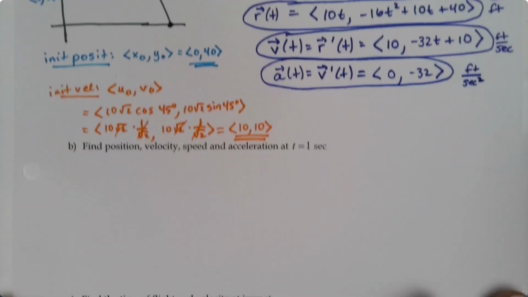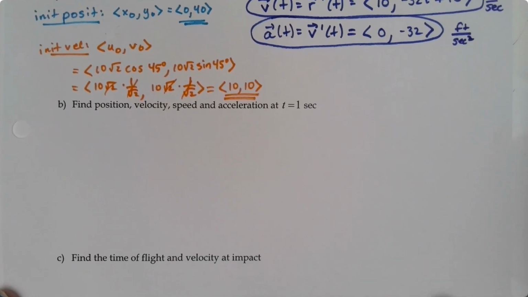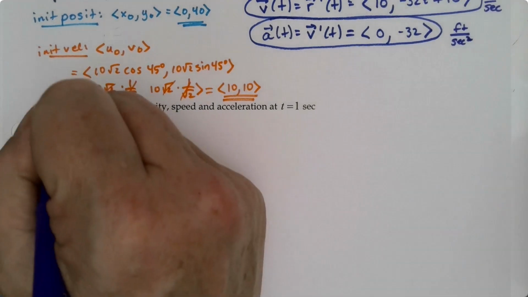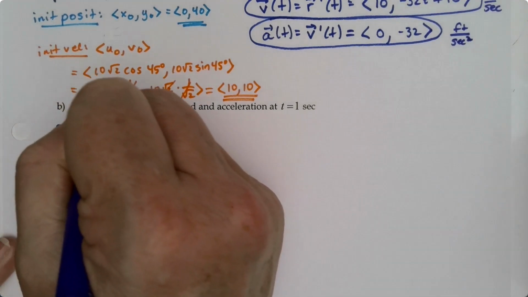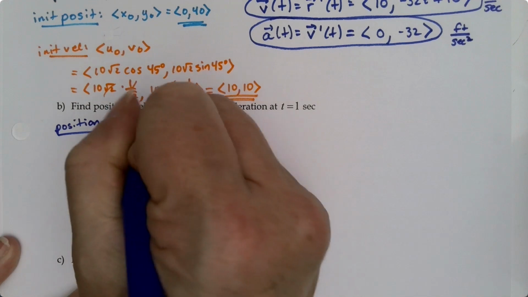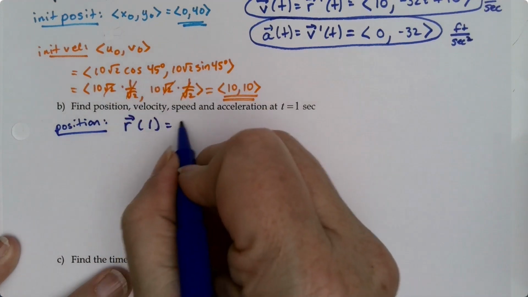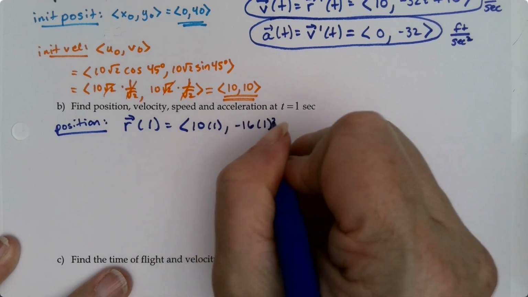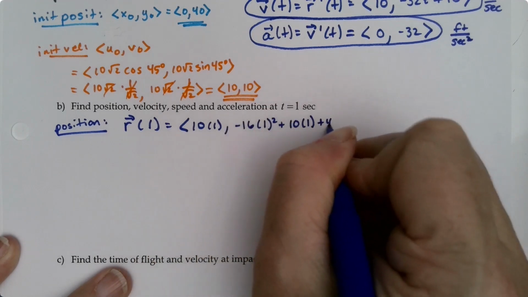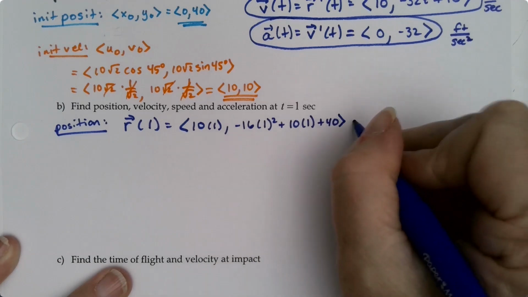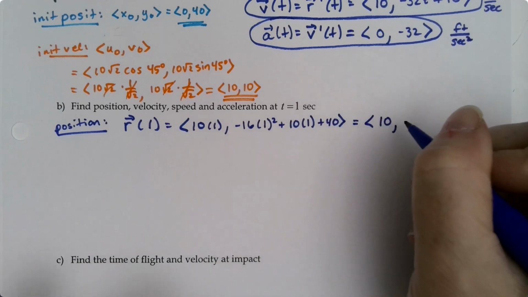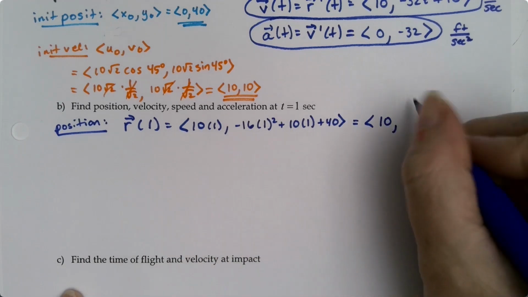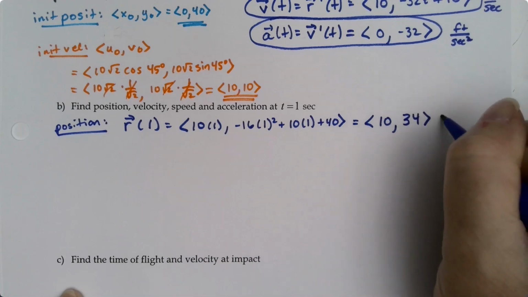Okay, next, they want us to find the position, velocity, speed, and acceleration at t equals 1 second. Okay, so position. Position would be r of 1, which would be 10 times 1, negative 16 times 1 squared plus 10 times 1 plus 40. Feet. So that's 10, comma, negative 16 plus 50, so 34 feet.